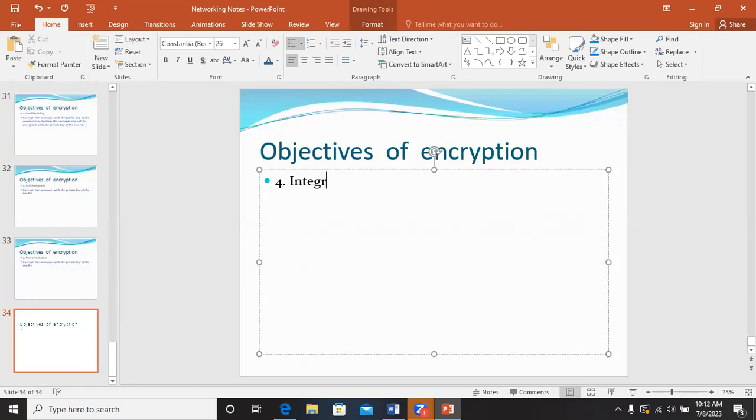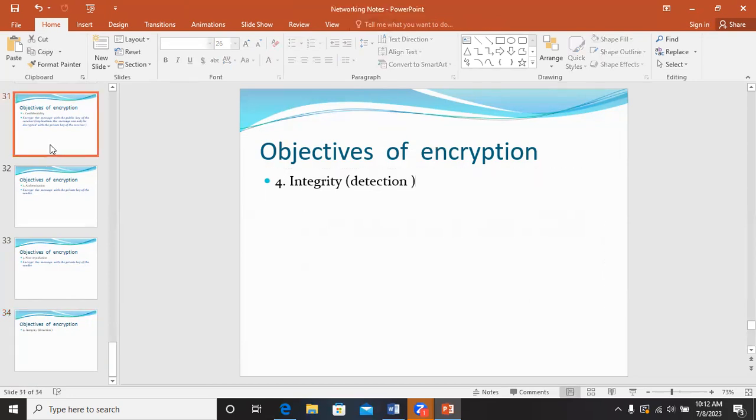Integrity here is a bit different from what we've been talking about. Integrity is not prevention. Encryption will not stop a message from being altered. It's basically to detect if an unauthorized change has occurred. So for that, we use the third type of encryption.